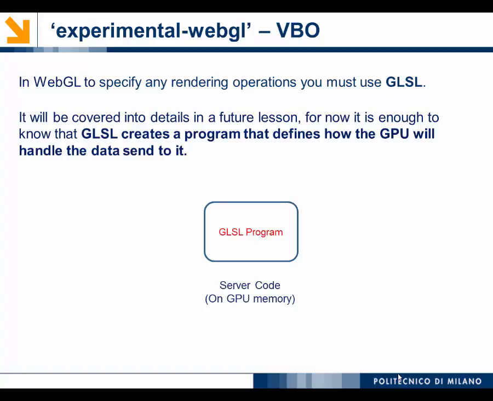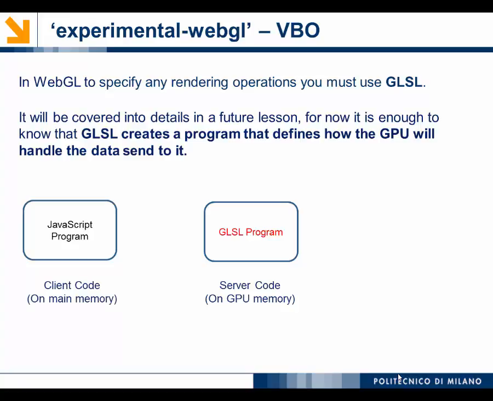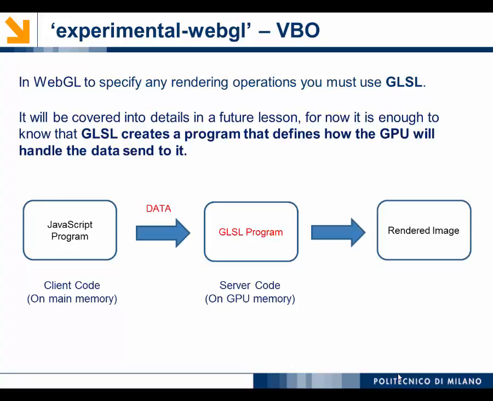This GLSL program is compiled at the execution time of my program and kept on the GPU memory. There is the client side. I send the data to this program and I obtain my rendered image.